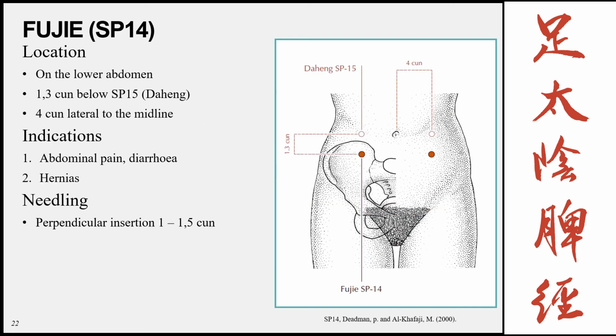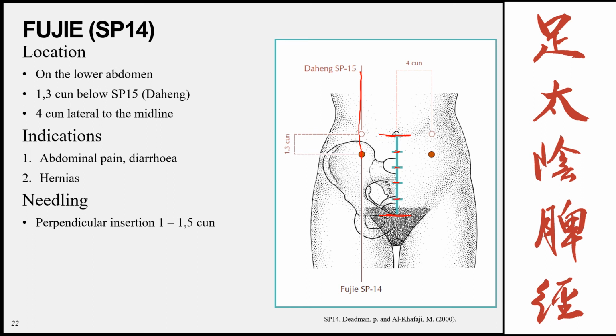This point is on the lower abdomen, 1.3 cun inferior to spleen 15, 4 cun lateral to the midline. So we're on that 4 cun line again, and this time we need to go 1.3 cun inferior to the umbilicus. So how you would find this is divide this distance between the umbilicus and the superior border of the pubic symphysis into 5 equal parts: 1, 2, 3, 4, and 5.